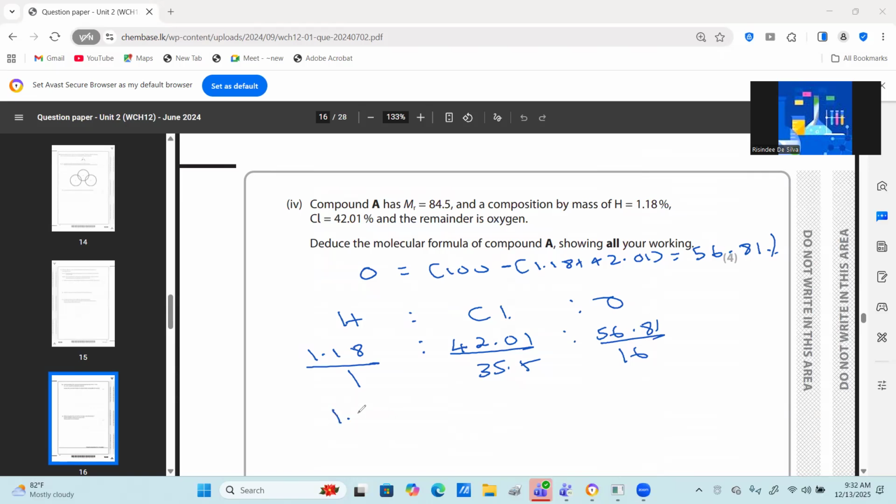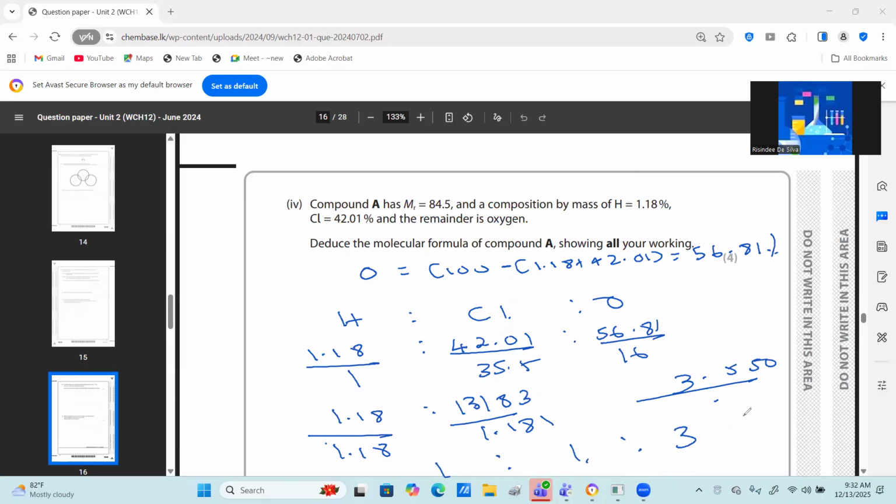So you get 1.18, 1.183, and 3.550. So divide by the smallest decimal number. Then you get 1 to 1 to 3. So it is HClO3. That is the compound.